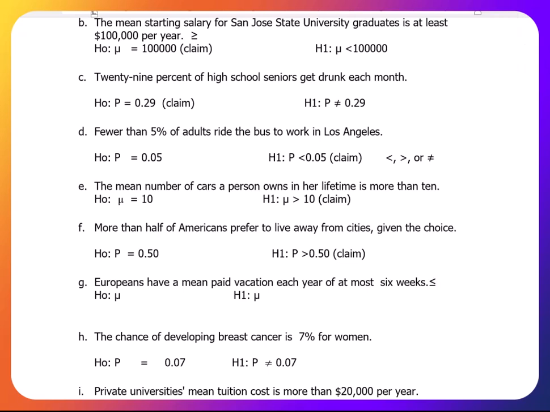Okay, this is at most. So this is less than or equal, so that should be in the null hypothesis. But what is the complement of at most? The opposite, the alternative, will be greater than. But since you're not allowed to put less than or equal in the null hypothesis, you have to put only the equal sign. You just put equal there.